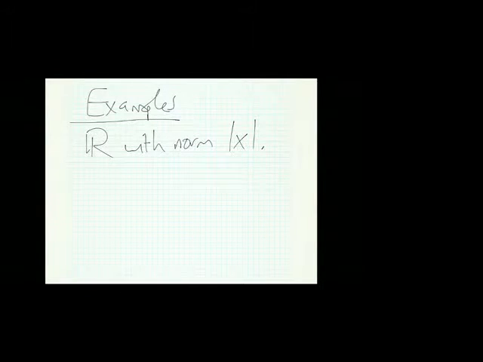In fact, if you take the distance in the real numbers, the distance from x to y is just the absolute value of x minus y. In fact, we had called it earlier the distance from x to y.